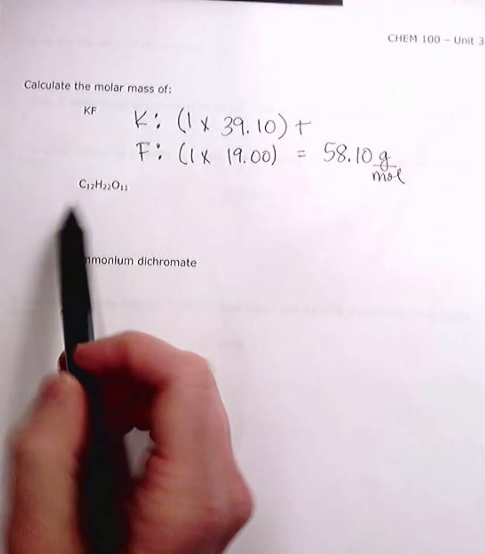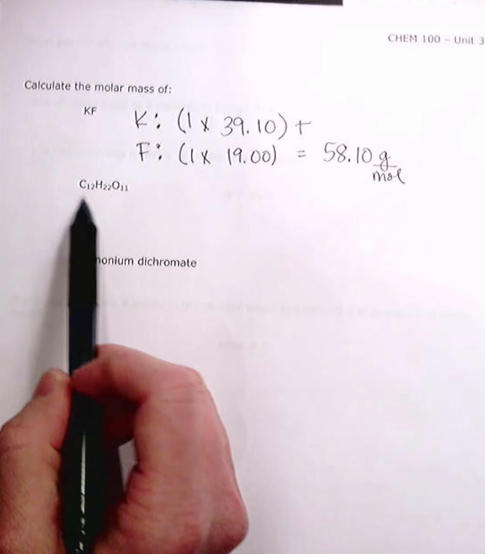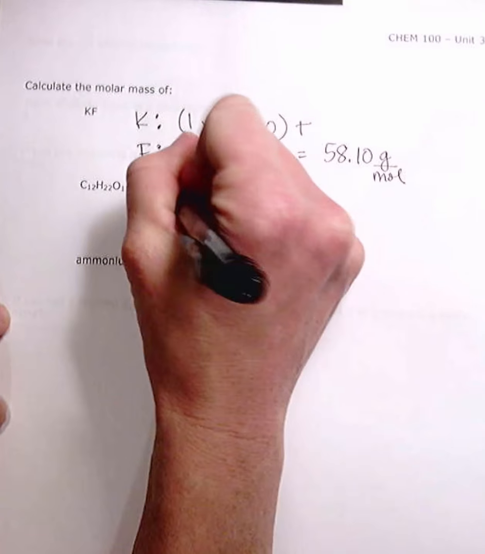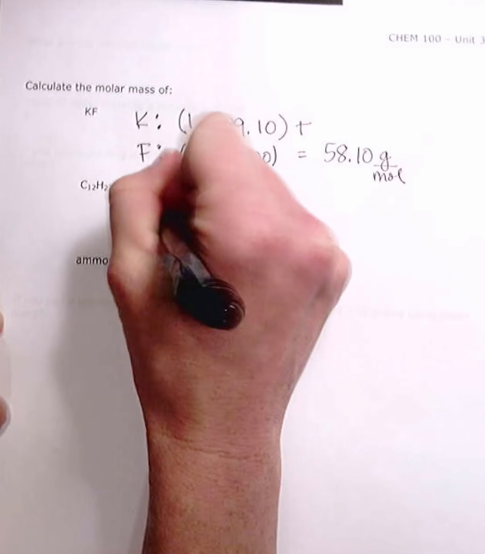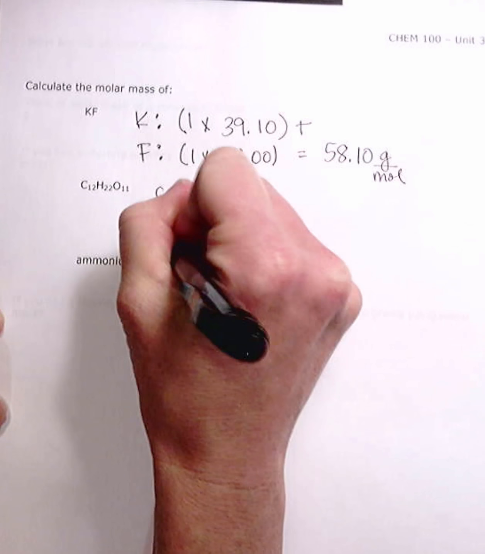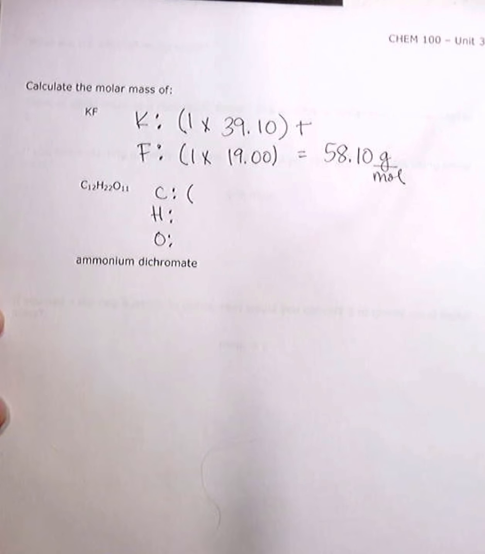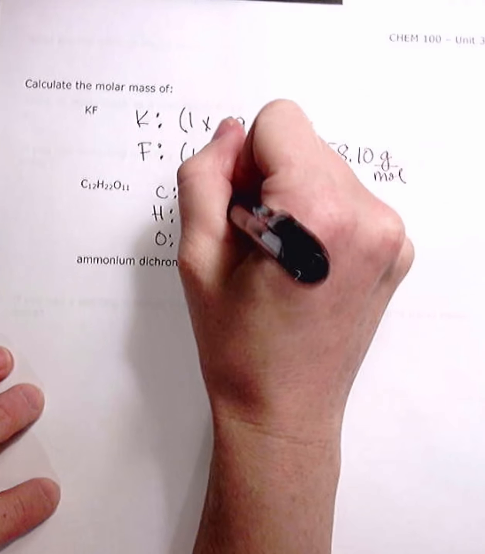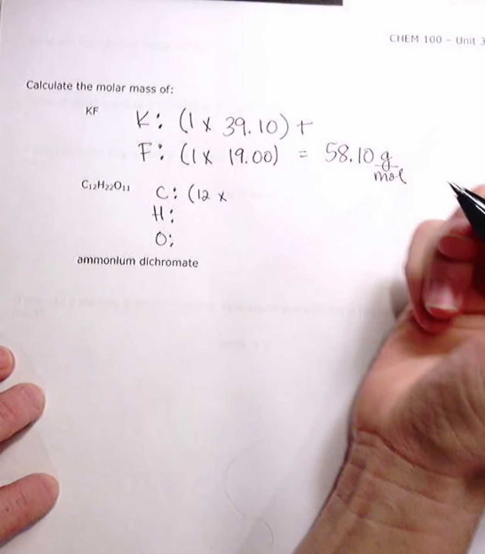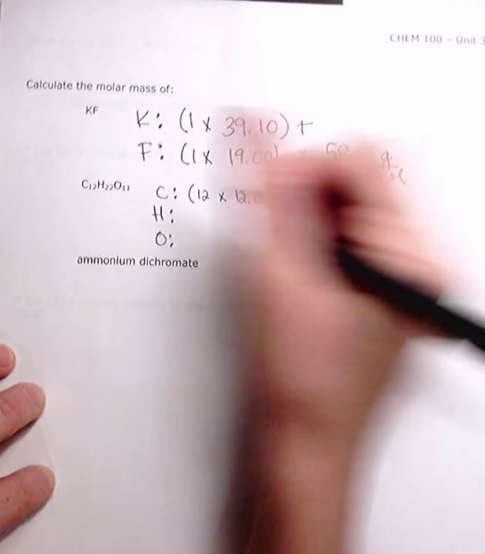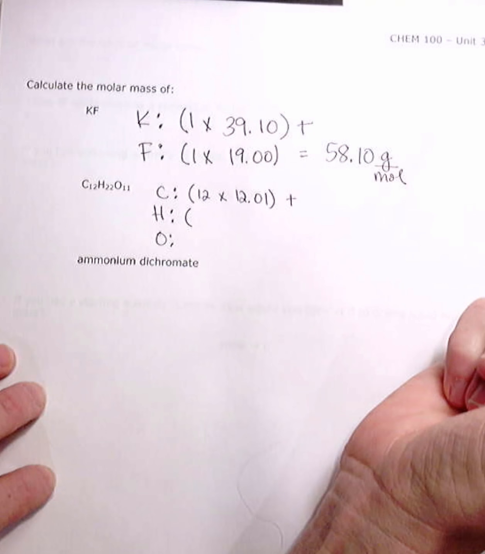So let's look at sugar here. You have carbon, hydrogen, and oxygen. This time we don't have one of each; we have different numbers of each. This is where using your parentheses is going to be really important. For carbon, I have 12 carbons, and carbon has an atomic weight of 12.01. Then I'm going to add that to hydrogen. How many hydrogens do I have?